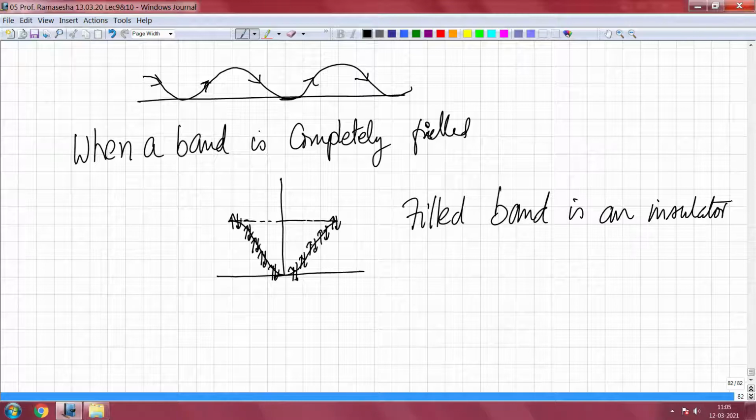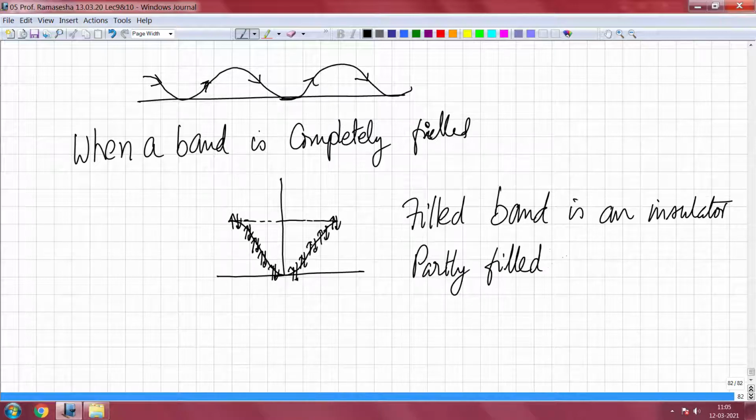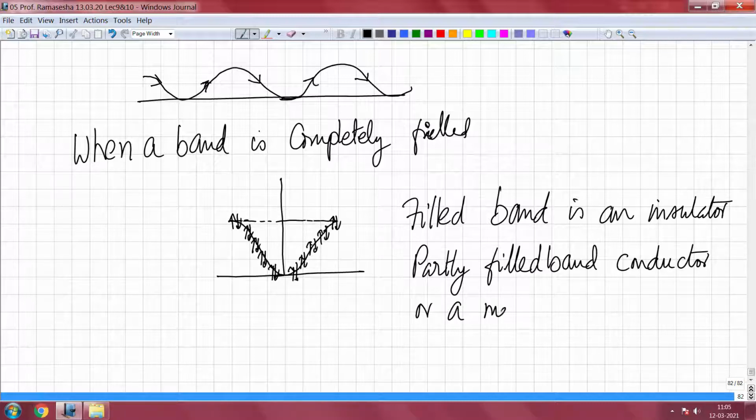So a filled band is an insulator, and if you have a partly filled band, then it will be a conductor, or a metal, in the ground state, that is at absolute 0 Kelvin, it will conduct electricity.